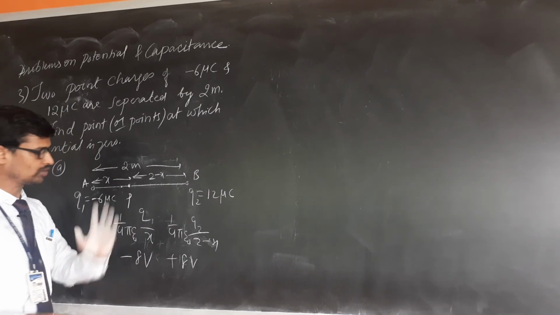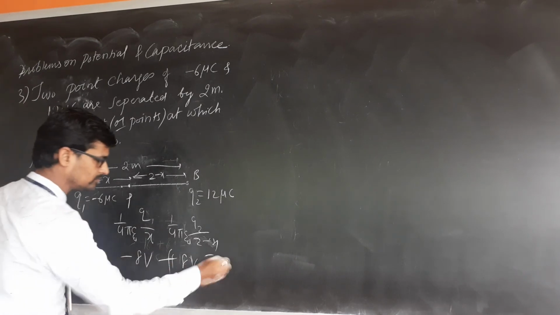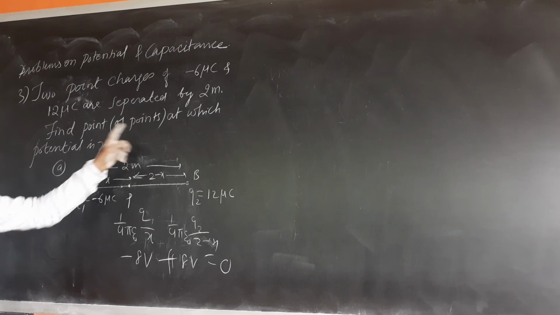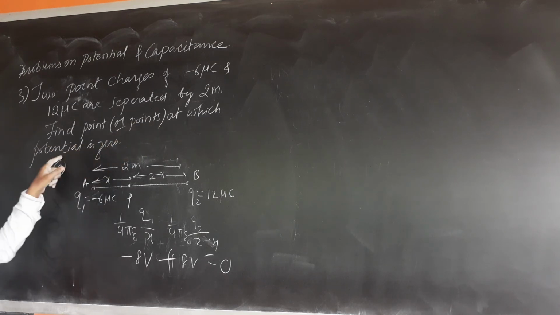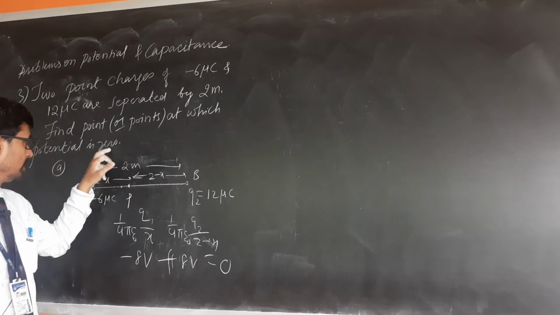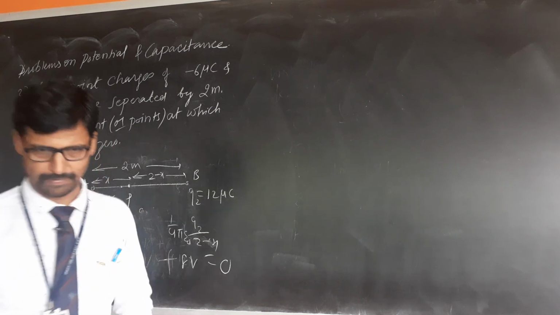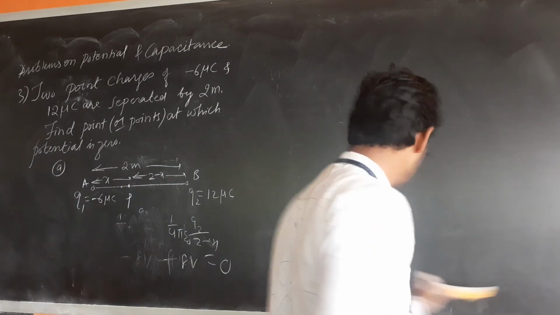Imagine, what is the total potential? 0. Total potential is 0 means that is called a null point. A null point is for electric field. Null potential. Very simple, entrance exam, only 1 mark. Let us see how to solve this one.